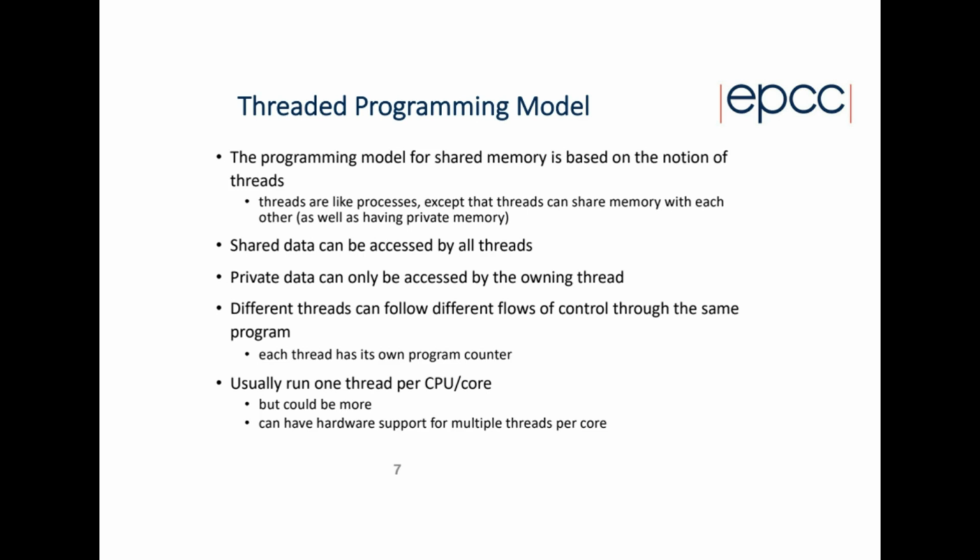But for most applications, that doesn't really help, and so we tend to run only 1 thread per core for performance reasons. Most supercomputers, including ARCHER2, are configured to run 1 thread per core by default. Usually, if you want to use the extra hardware thread per core, you have to do something special to request that.